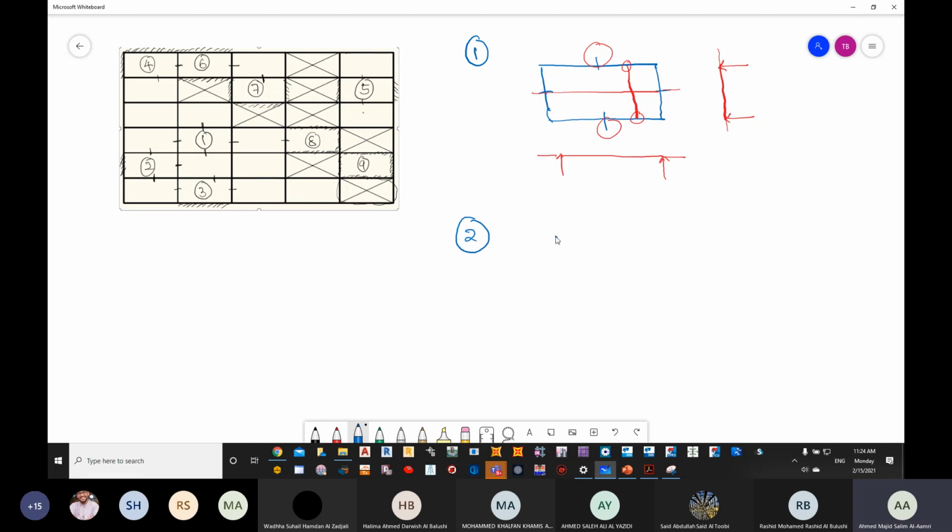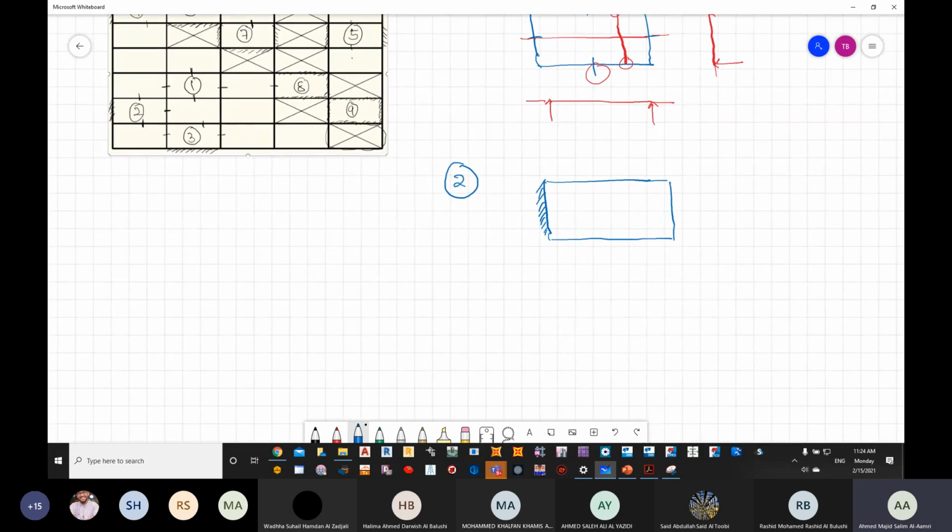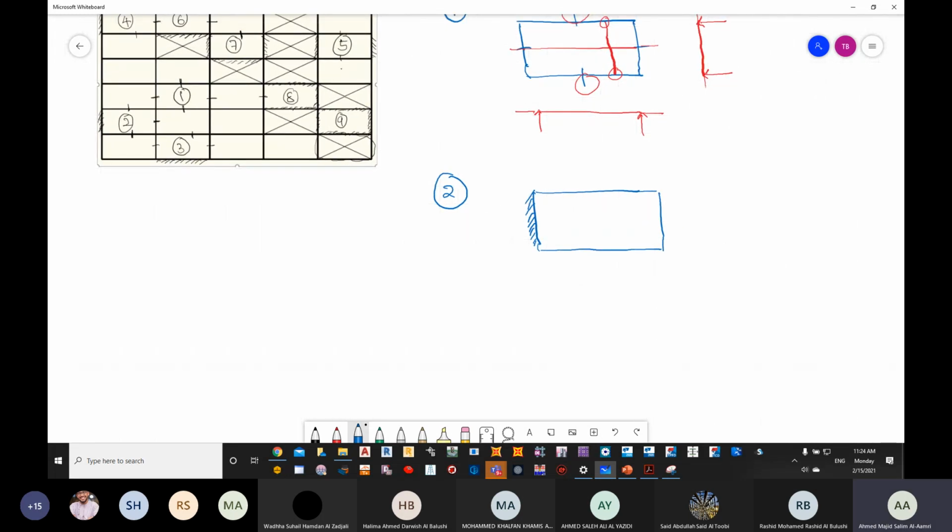Now, if you see case number 2, what do we have? We have 3 edges continuous, only one which is discontinuous. Now if I try to draw a line here, you will see that there is continuity on these sides.